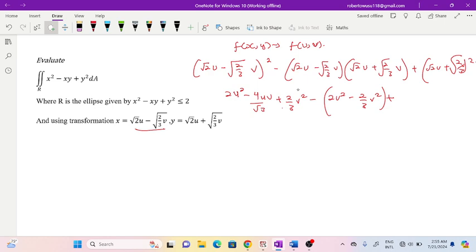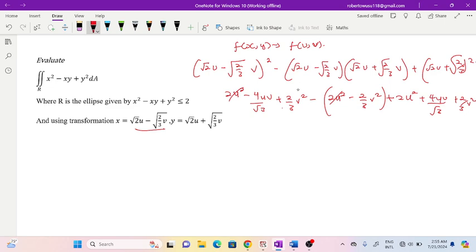At this point, the 2u squared minus this 2u squared go away. I'll have 4 over this cancelling this. Then I'll have 2 over 3 v squared plus 2 over 3 v squared plus another 2 over 3 v squared.